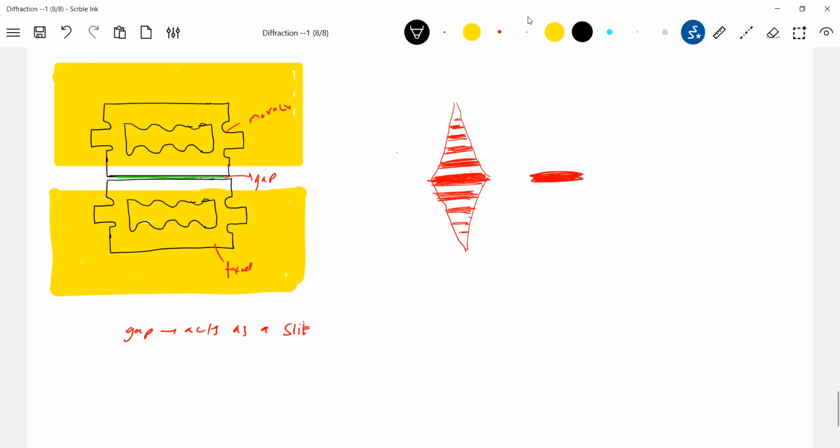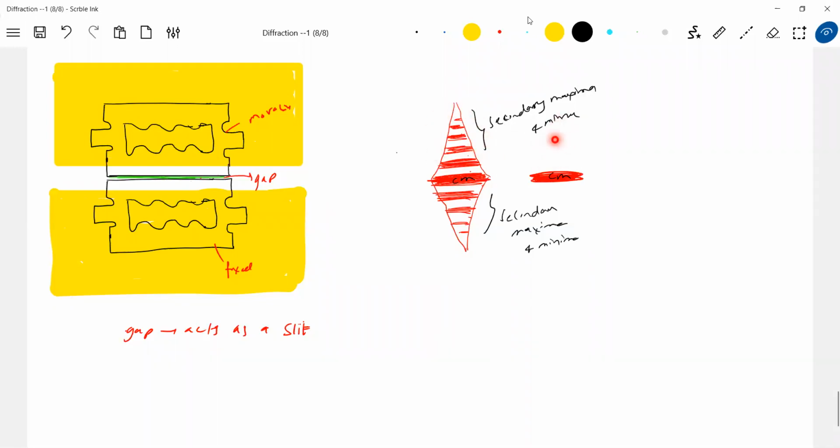These are maxima and minima. Shall I say that in fact diffraction occurred? And this is the central maxima. As you increase the width of the slit, as you increase the gap, this will disappear. No central maxima here.